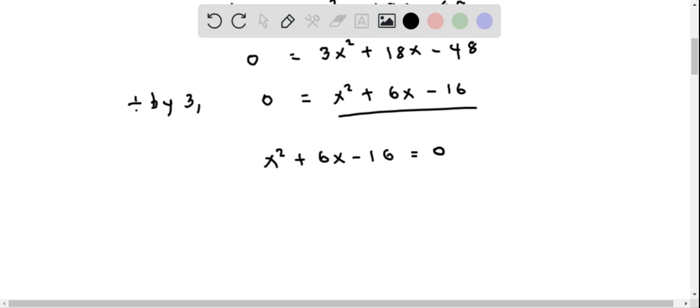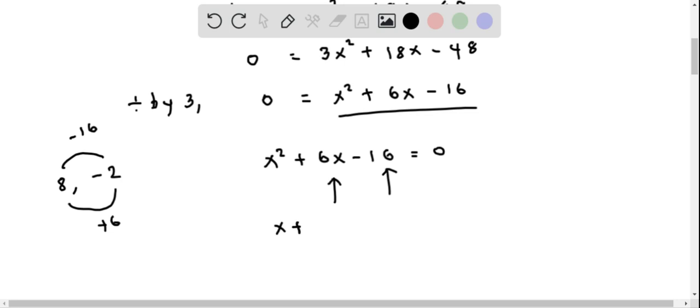When we do the factoring method, we look for two numbers such that the product is negative 16 and their sum is 6. So we can consider the two numbers as 8 and negative 2. It is 8 times negative 2 is negative 16, and 8 plus negative 2 is positive 6. So we can use these numbers to write this quadratic expression in factored form.